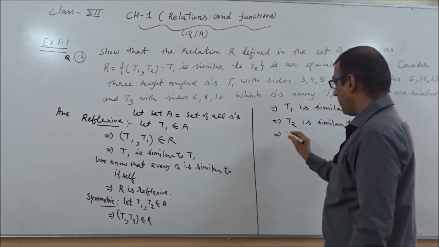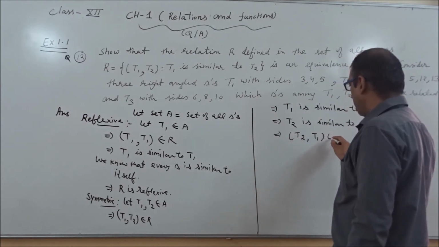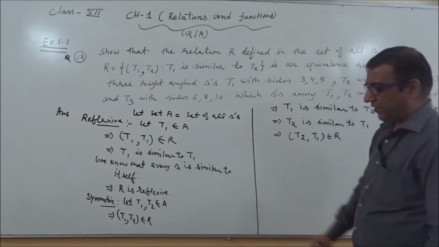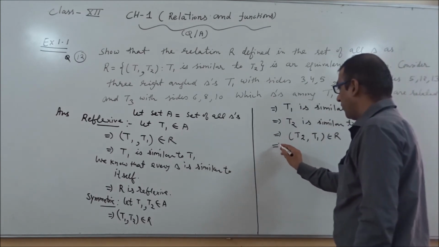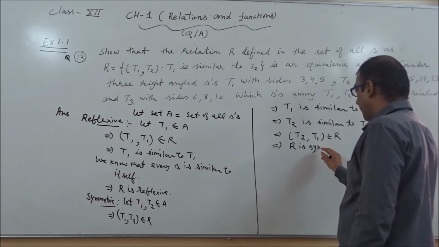So we can say (T2, T1) belongs to R, which is also possible. If (T1, T2) belongs to R, then (T2, T1) also belongs to R. Therefore, R is symmetric.